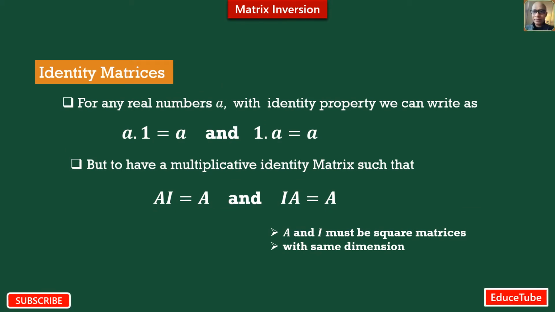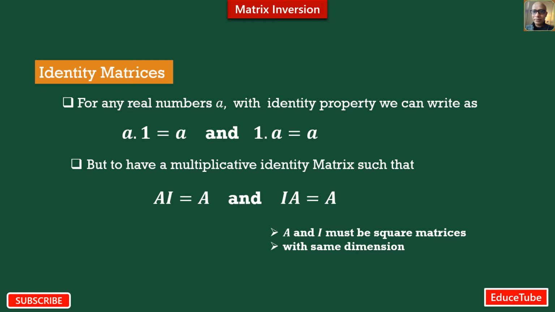Identity matrix. For any real number, say A, with the identity property, we can write very easily A into 1, A multiplied by 1 equal to A. This is the most important property of the number 1, the existence of a number 1.